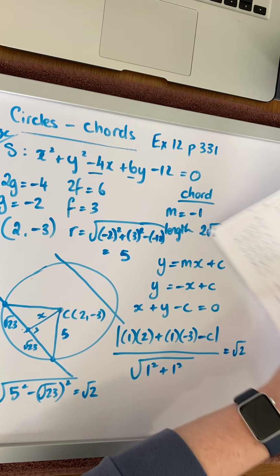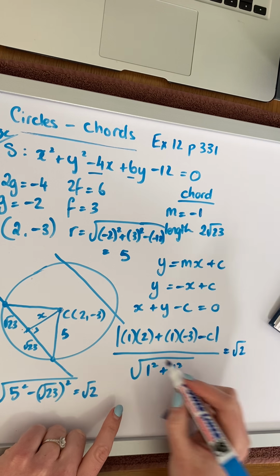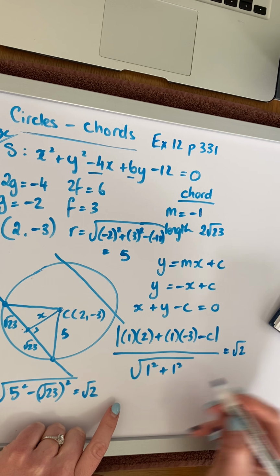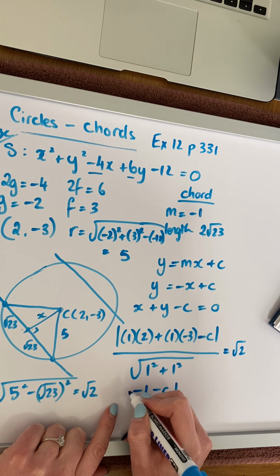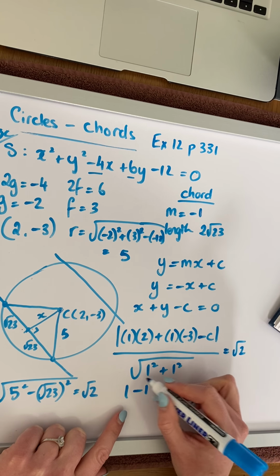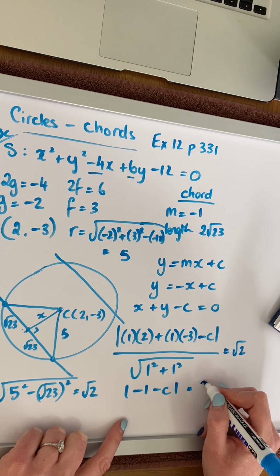So first thing we need to do is multiply out and have a single line. We have 2 minus 3, which is -1, so we have -1 minus c inside the absolute value sign, and square root of 1 squared plus 1 squared is root 2. Root 2 multiplied by root 2 is 2.